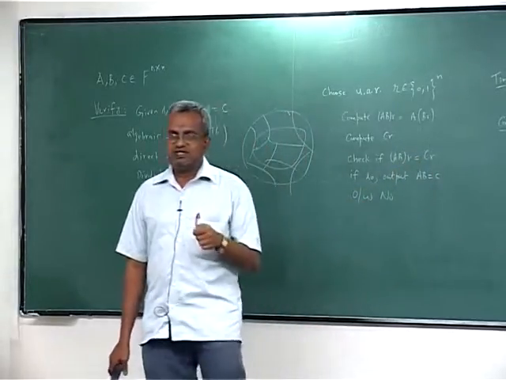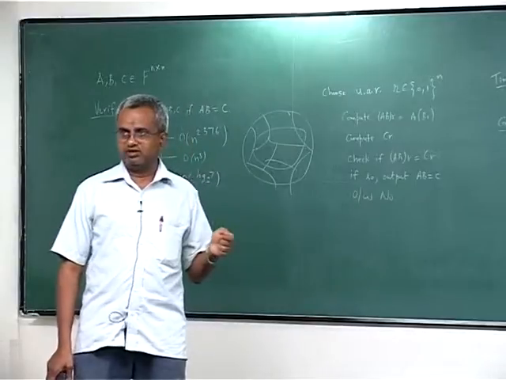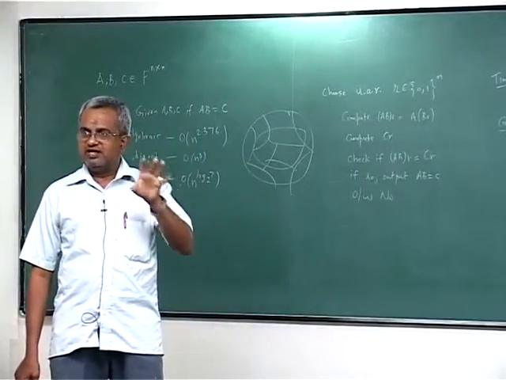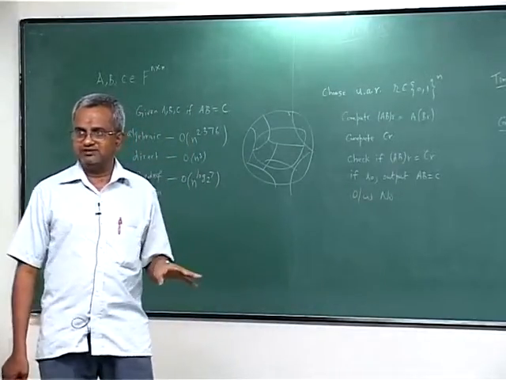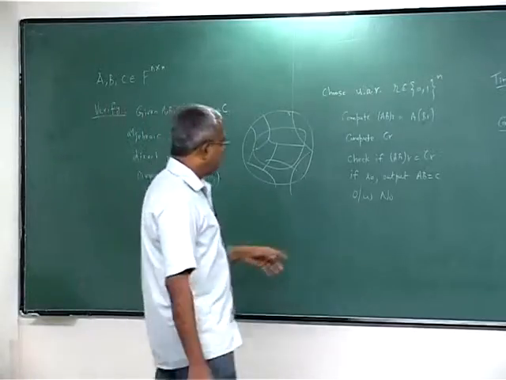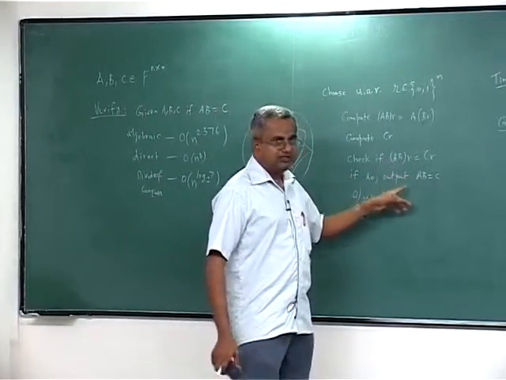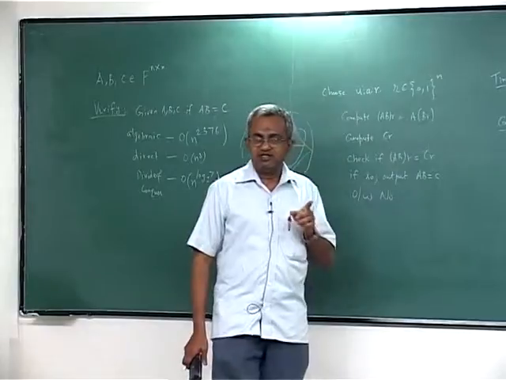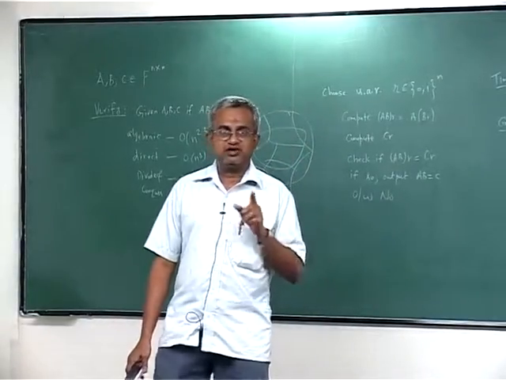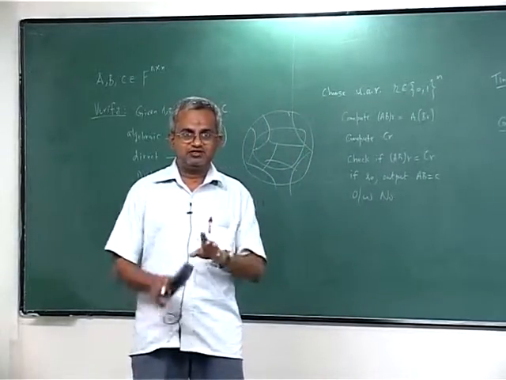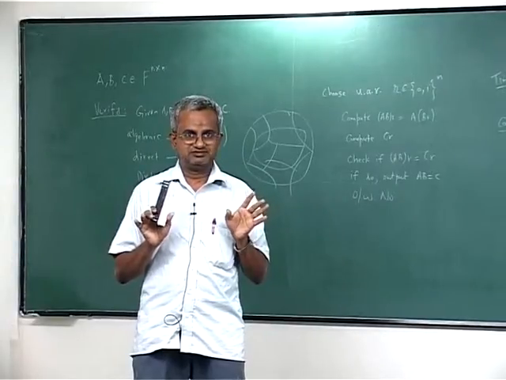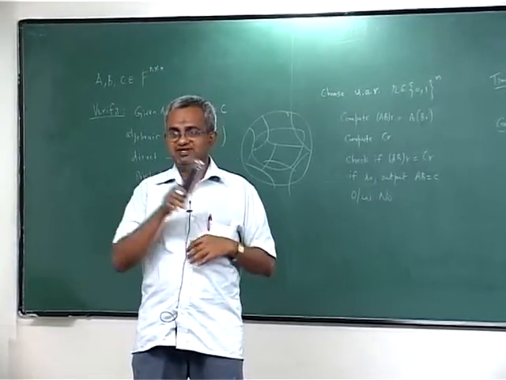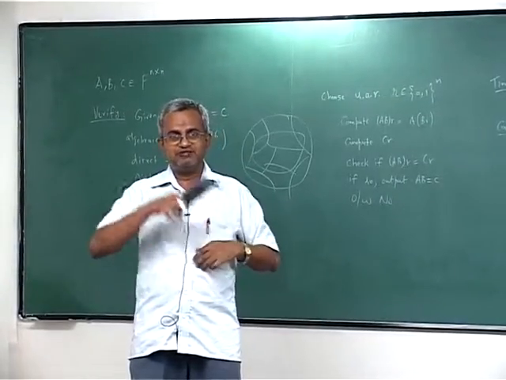So this is an example of what we call a Monte Carlo algorithm. Its running time is guaranteed to be upper bounded by n squared, but the correctness of the answer is in doubt only when AB is not equal to C. If AB equals C, there is no doubt about the correctness.